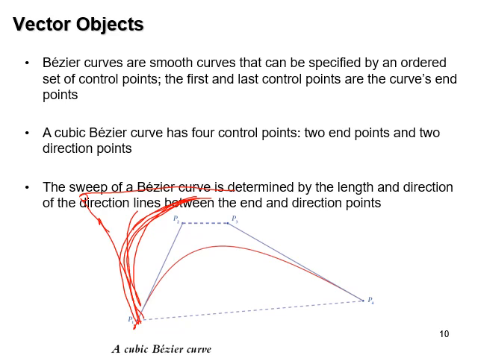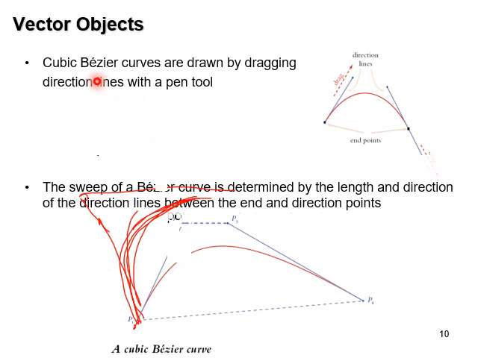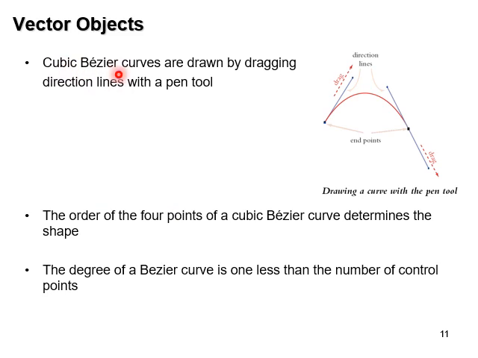Okay, so it's called a cubic Bezier curve because the order of the curve is always equal to the number of control points minus 1. So if you have 4 control points, then it's called a cubic Bezier curve. Cubic means 3, so 4 minus 1 is 3. Here is how cubic Bezier curves are drawn by dragging direction lines with the pen tool.